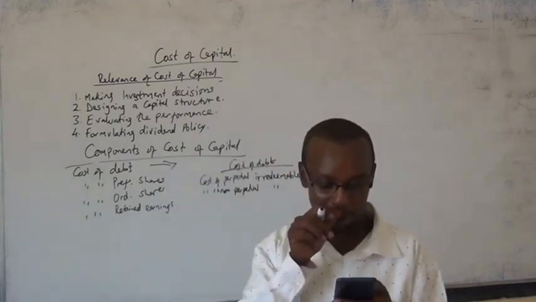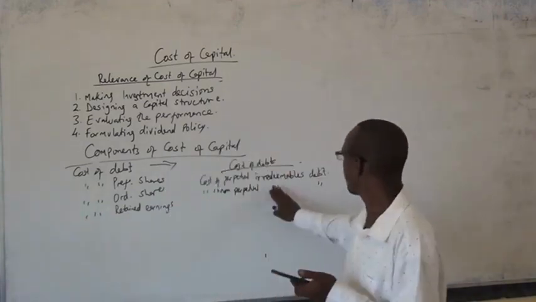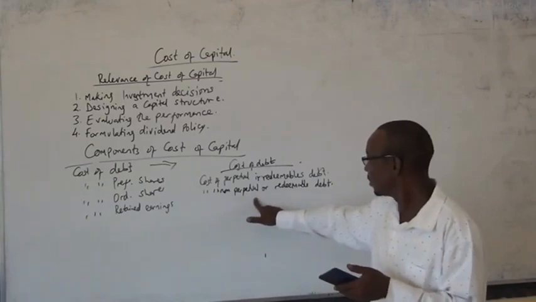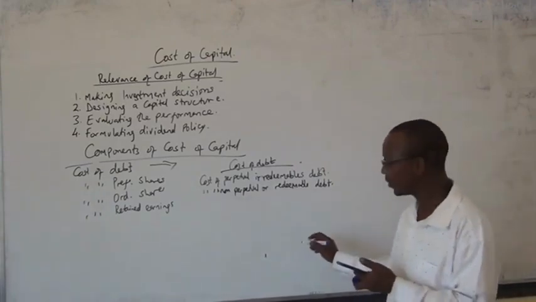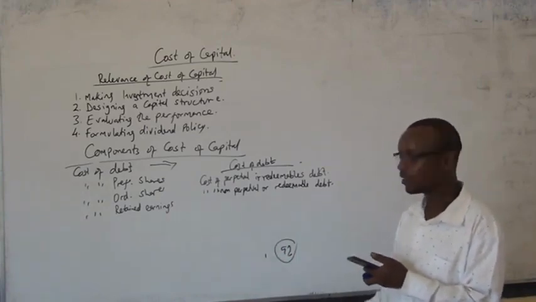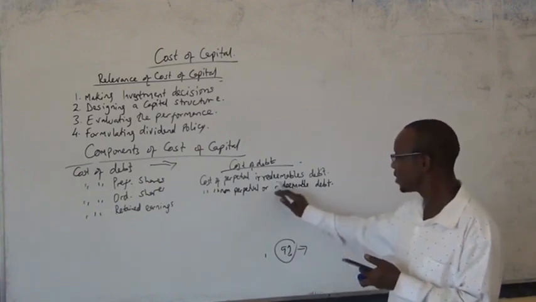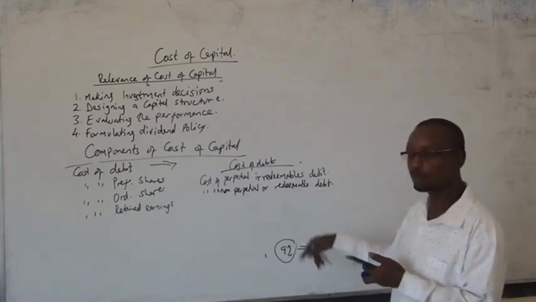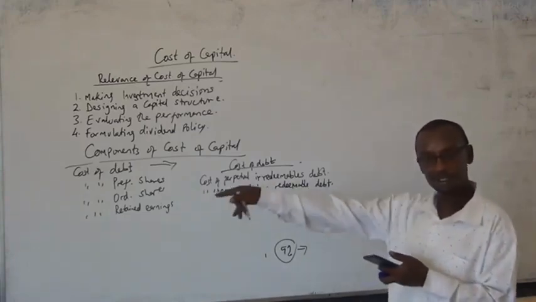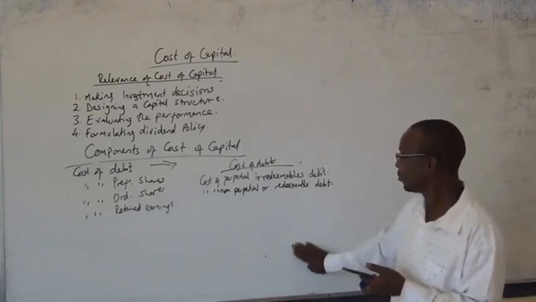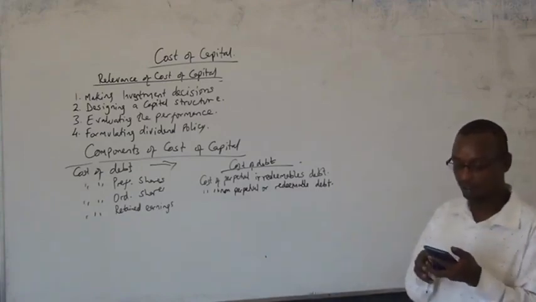That means we are going to be incurring a cost, an interest, sindio? Alafu after tuseme ni za 10 years ndio zitakuwa redeemed. After 10 years itabidi tufanye nini? Turudishe pesa za wenyewe, isn't it? Those are the costs of debt. That's another cost of debt.